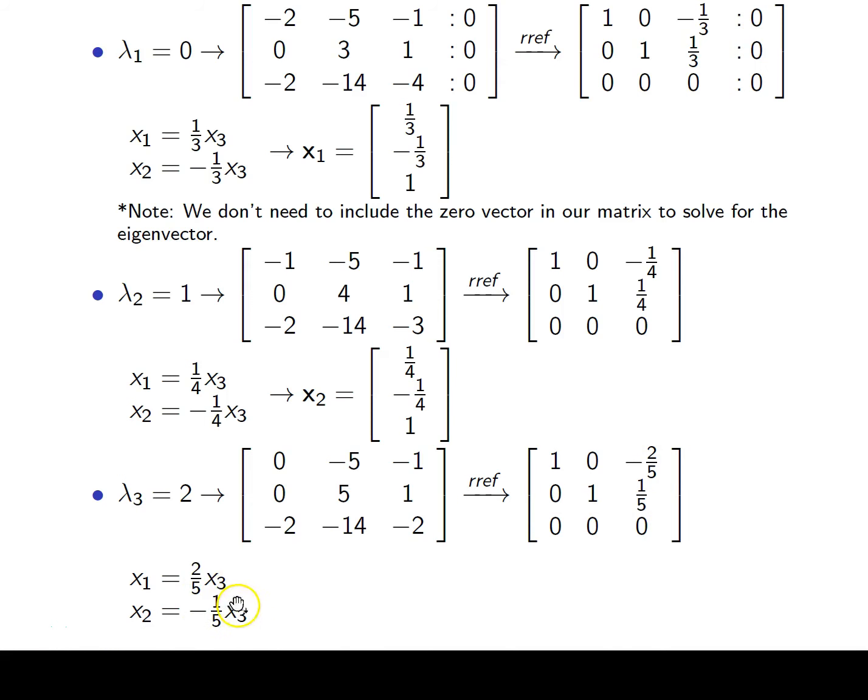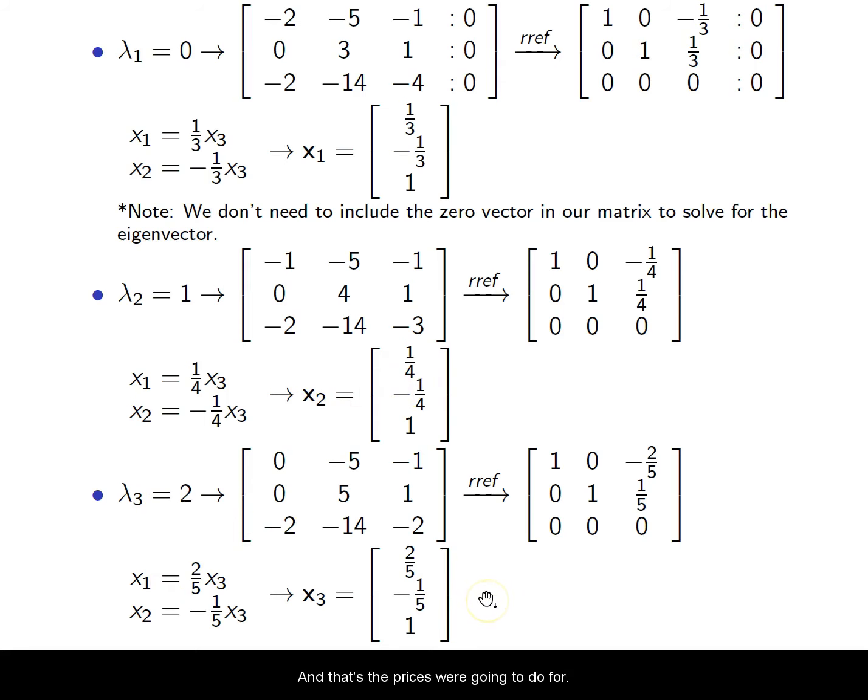My free variable in all of these cases was x3. That's not always the case. Sometimes it'll be x2. Sometimes I have more than one free variable, right? But to write this solution down, I now have my 3 eigenvectors, and they are all linearly independent of each other. And so those are my eigenvalues and their associated eigenvectors.